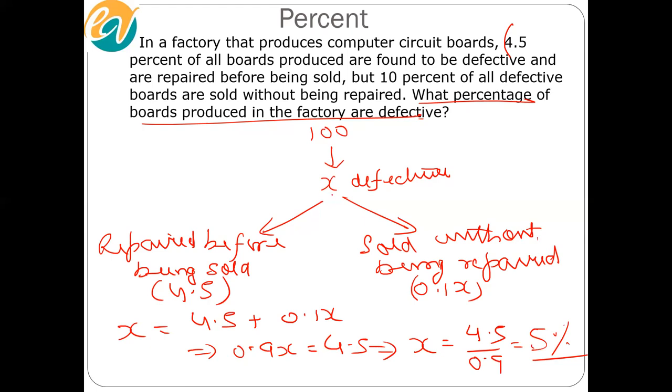Mind you, X is actually the number of defective boards. X minus 0.1X, that is 0.9X, is equal to 4.5.